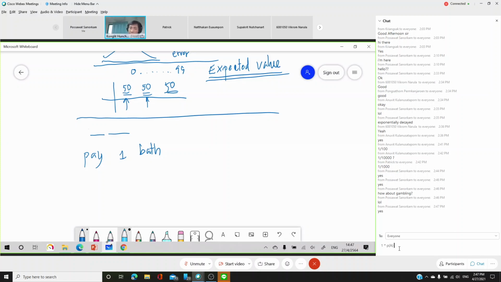Let me ask you this. The concept of expectation. Every time we bet, put down 1 baht. And the payout, if you bet 1 baht, the current payout for this thing is about 60.